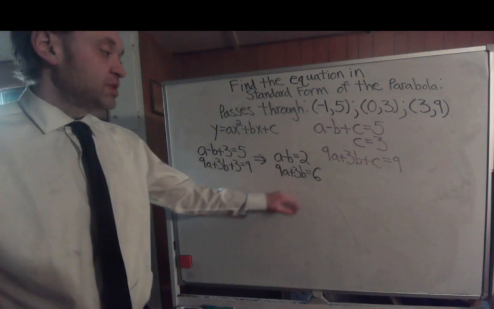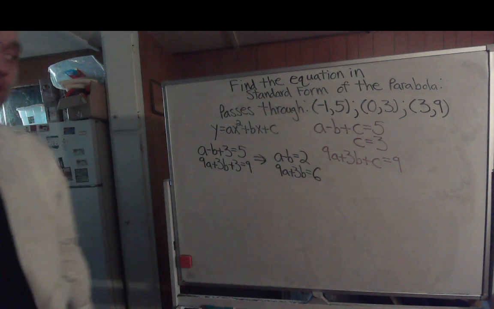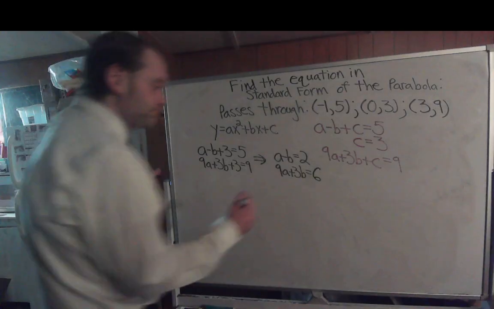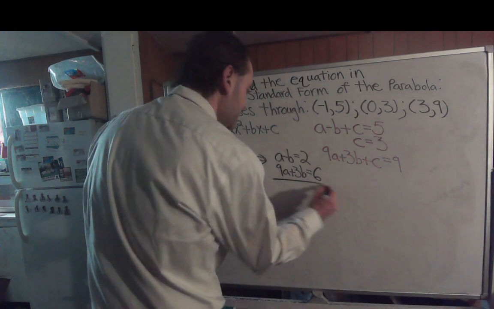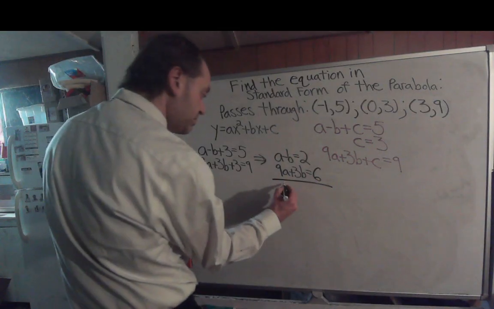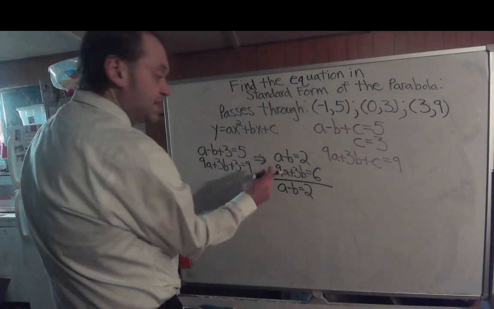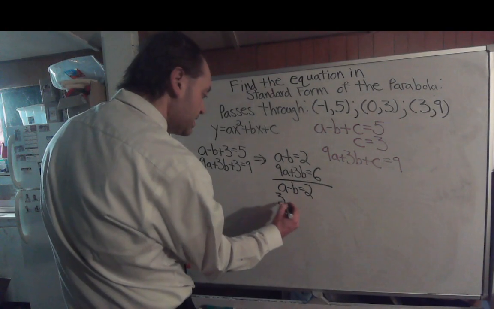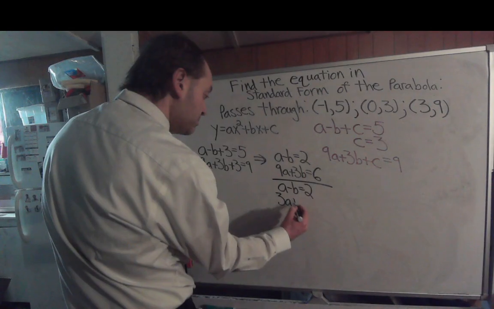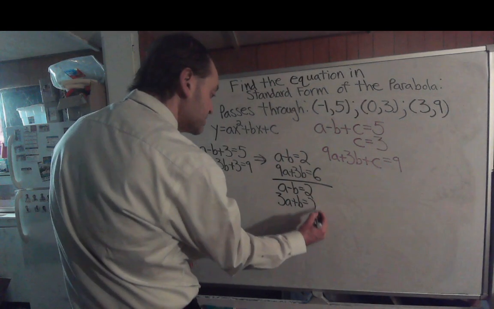The 9a plus 3b equals 6, don't they all have common factors of 3? So sure, we can divide this by 3. You'll end up having a minus b equals 2. Divide the second equation by 3, you would get 3a plus b equals 2.